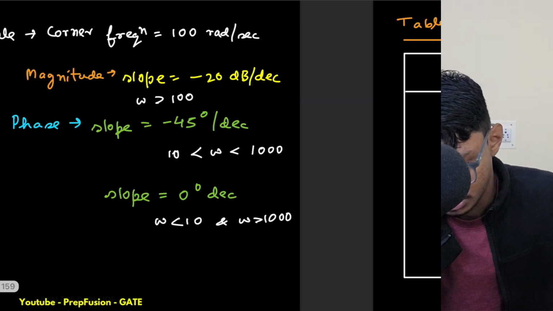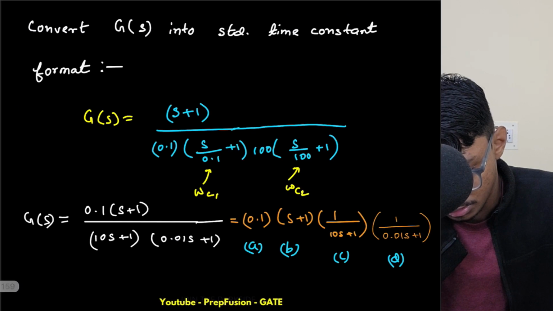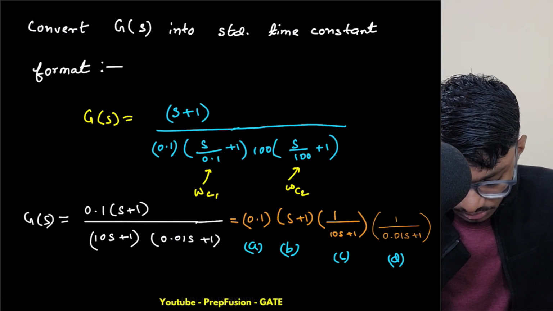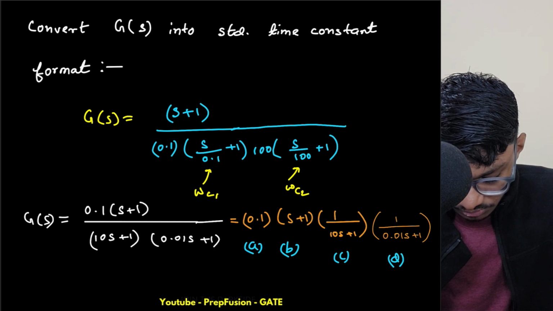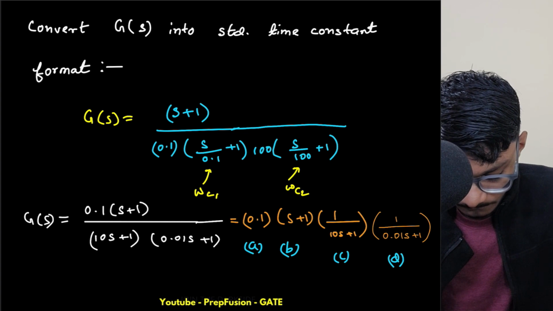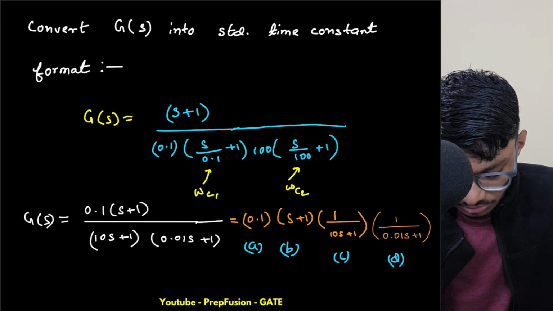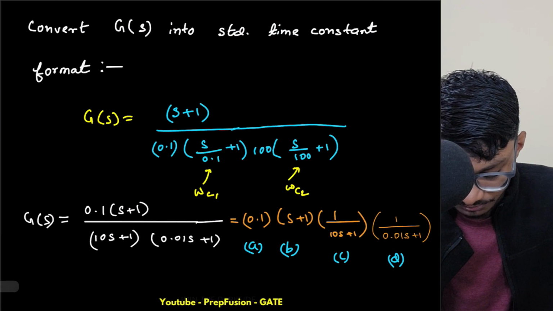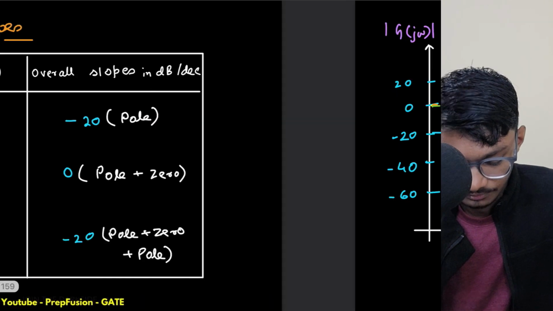Let me check the value of the magnitude at s equals 100. This is 10^2, this is almost 1000, this is also 1 to 0.1, very low. It will go negative, so it will cross the sign.